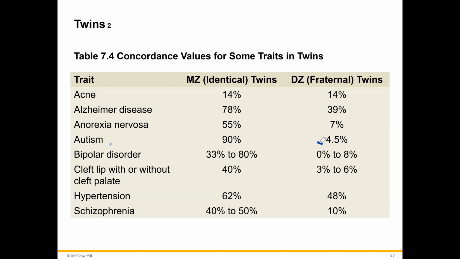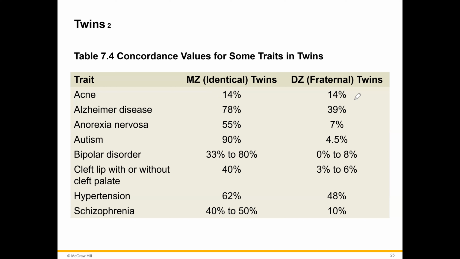And only 4.5% that both fraternal twins will have autism. That means this is based on your genes. So your genes affect the development of autism more than environment. But if it's the same, right, then environmental factors play a role.